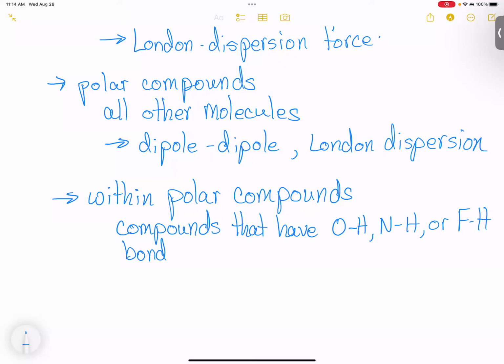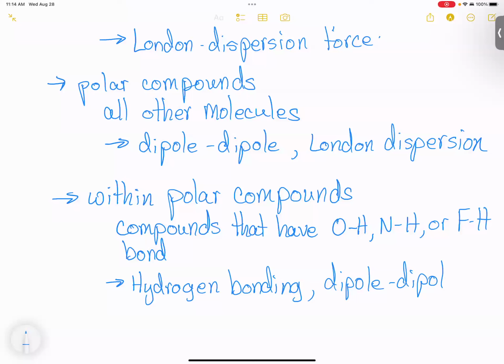If you have compounds that have an OH bond, I'm not talking an oxygen and a hydrogen in the molecule. I am talking that they have a covalent bond between those two atoms. If you have molecules that have those bonds, then they have hydrogen bonding, dipole-dipole, and London dispersion.